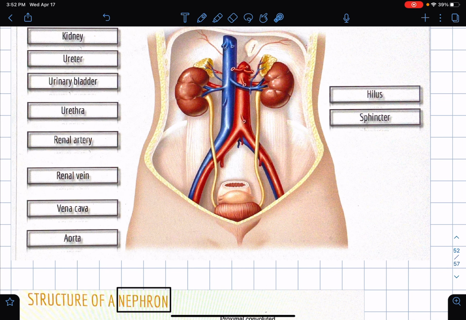How does oxygenated blood go to the urinary system? Through the aorta, right from the left ventricle, it goes to the aorta, and then eventually to the rest of the body. And the highway that connects blood so that it could go to the urinary system is basically the renal artery, which is this one.